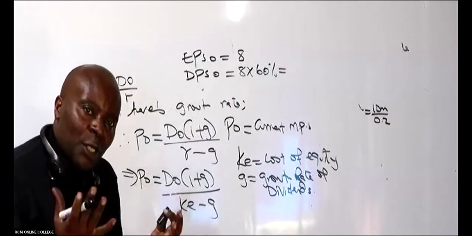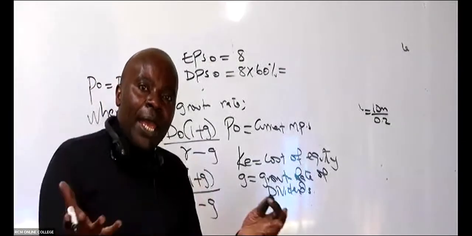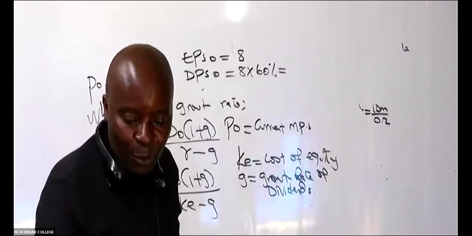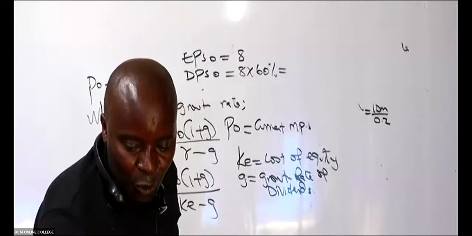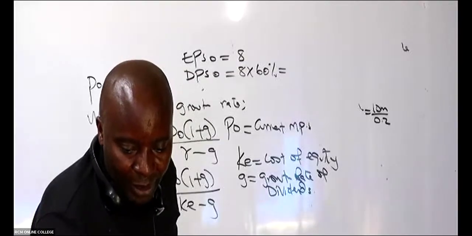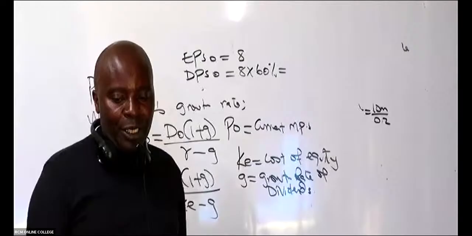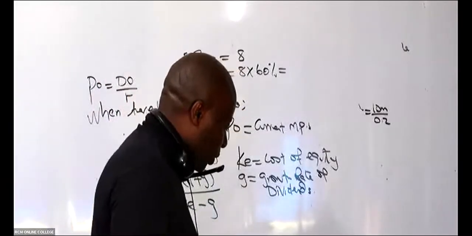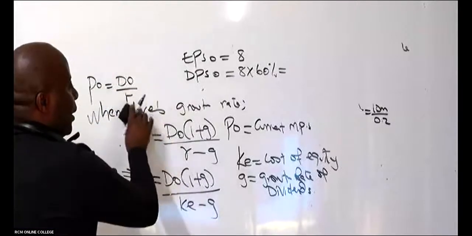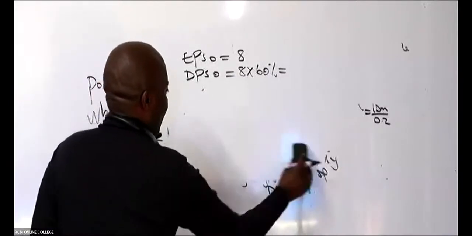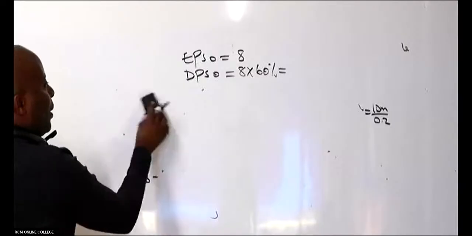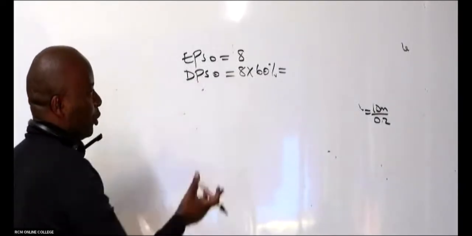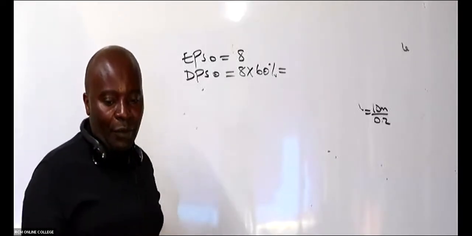Remember, dividend is what is being paid out. Retention will be 40, but now I'm looking at dividends per share for now. So we have our DPS, dividends paid out. So 8 times 60, that gives me what figure?